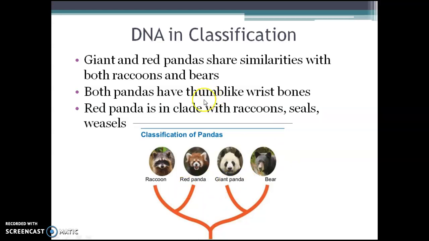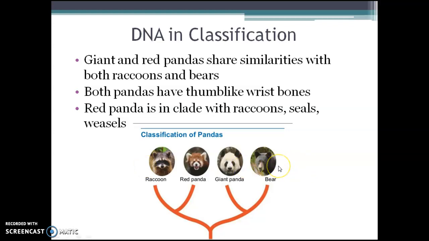And we learn in field biology about the different kinds of mammal teeth and skull structures and things like that. And raccoons, seals, and weasels all have meat-eater style teeth. And so they have a very meat-based diet, although raccoons take what they can get. They'll eat almost anything.